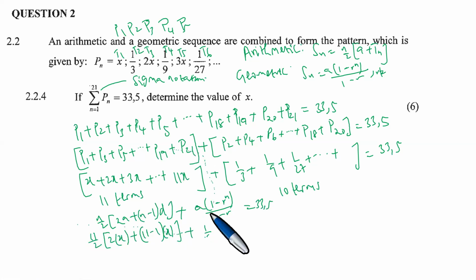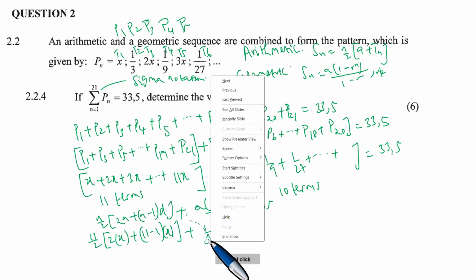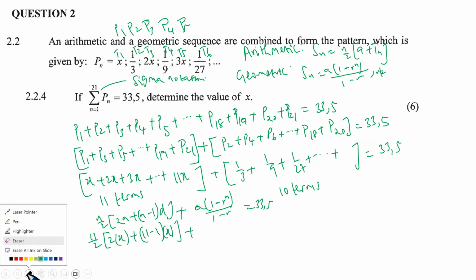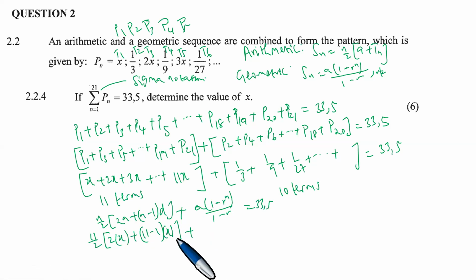So here you have 1 over 3. What is the common ratio?